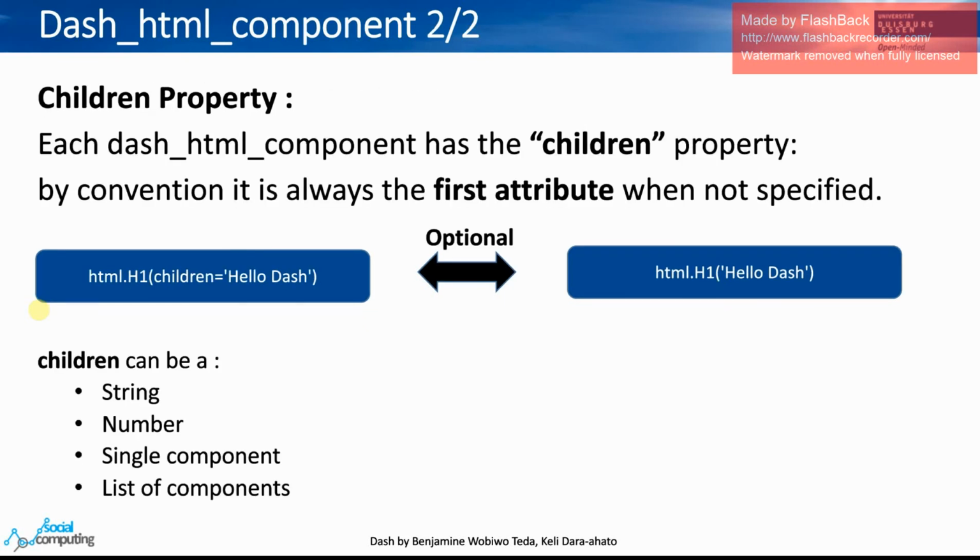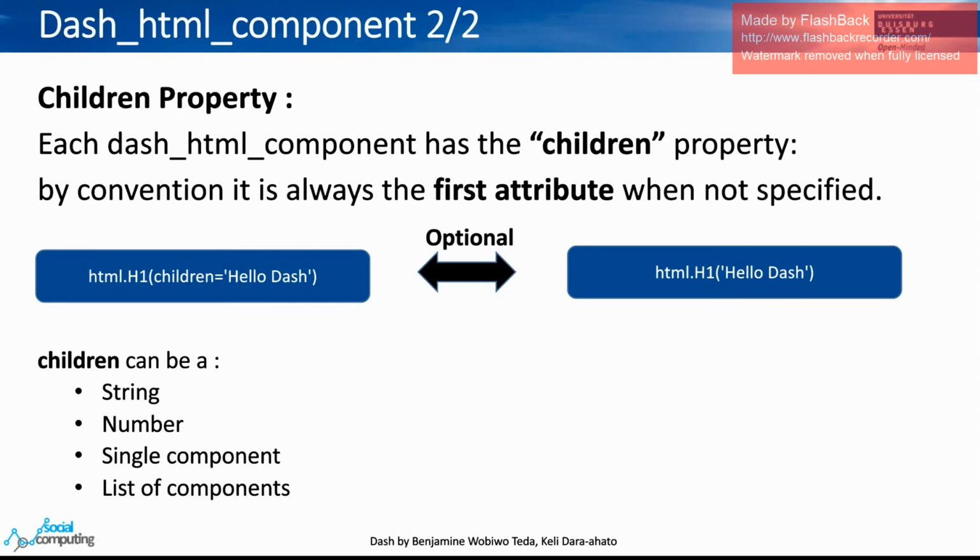One important thing to know about Dash HTML components is that each of them has a children property, which by convention is always the first attribute when it's not specified. This means when you create your HTML component, you can specify the value of its children property.